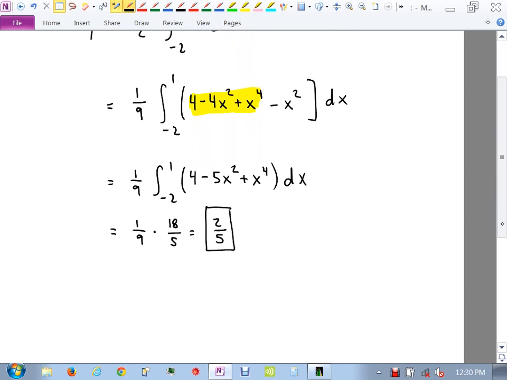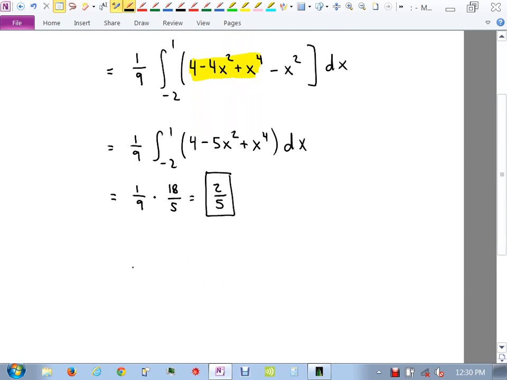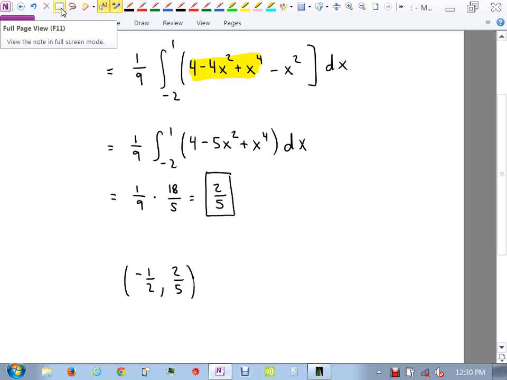So we have our center of mass, our centroid is -1/2, 2/5. Yeah, center of mass, centroid. Centroid means you don't really have to be talking about a lamina. Let me see here.